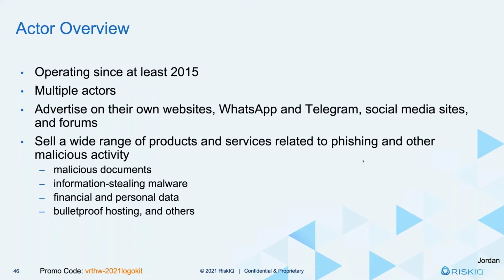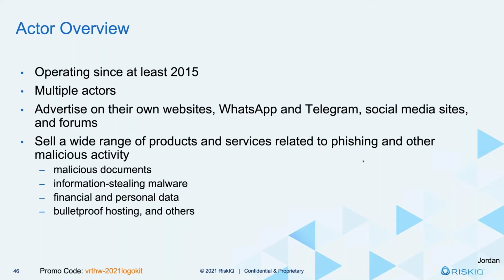So, overview of the actors. We believe they've been operating since at least 2015, might have been earlier than that. That's where we pegged their earliest activities that we've been able to find or seen other people reference. There's multiple actors. They advertise on websites that they own.